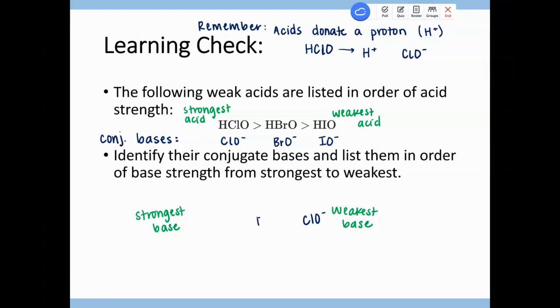We have HBrO in the middle, so BrO minus will be kind of between as far as base strength, and then IO minus will be the strongest base. So we're flipping the order. Weaker acid, stronger base. Stronger acid, weaker base. Questions on this one?